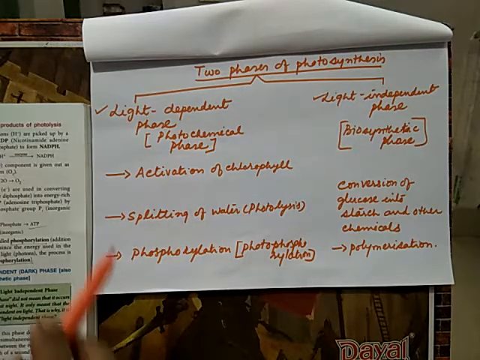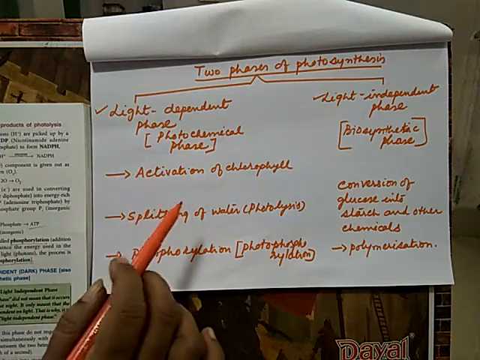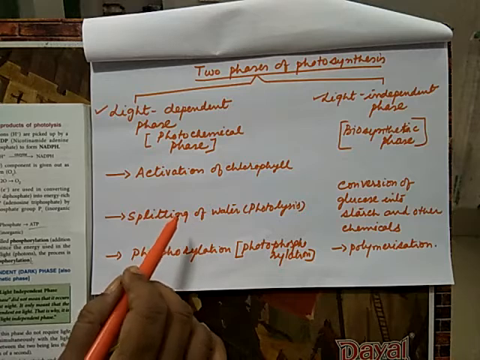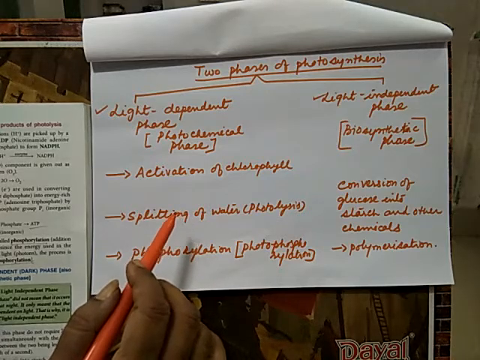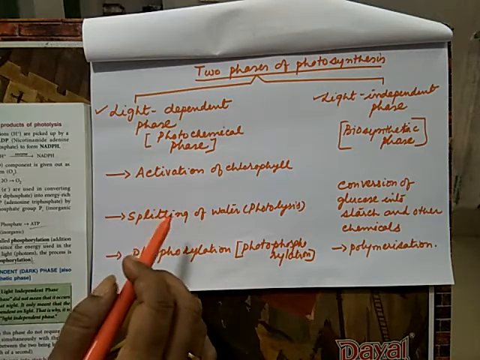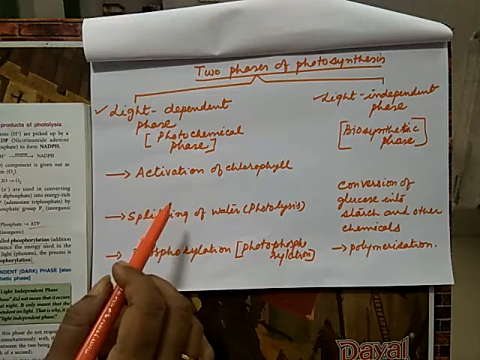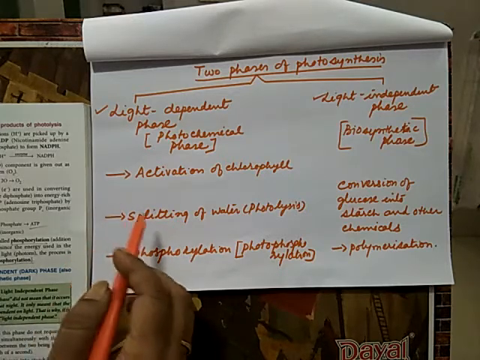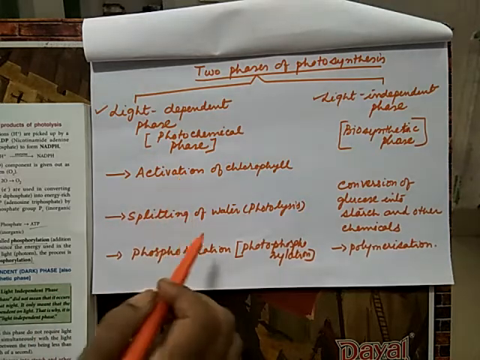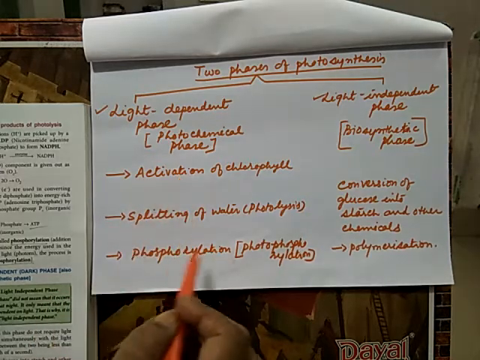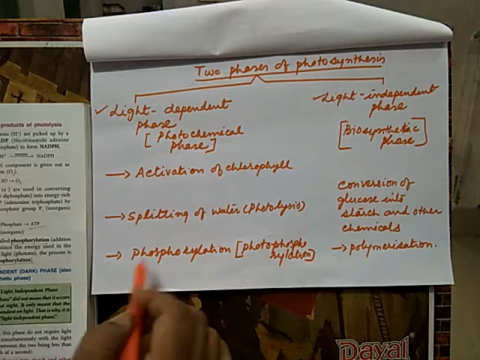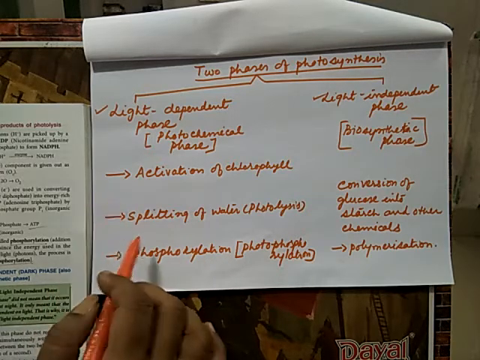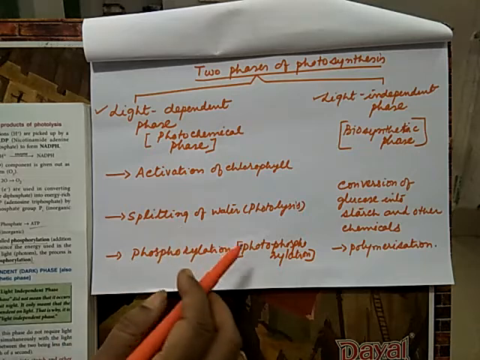The light reaction takes place in the thylakoids because the thylakoid walls are completely arranged with chlorophyll, and the chlorophyll-containing chloroplast thylakoids are the active place for the light reaction. Under this reaction there are a few steps: activation of the chlorophyll, splitting of water, and photophosphorylation. These three processes are followed in the light dependent phase.